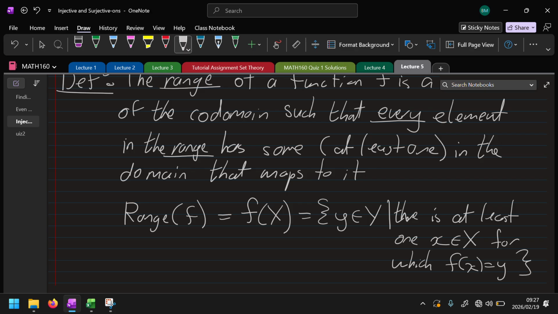In other words, it is the set of all of the outputs of the function. It's all of these outputs here.